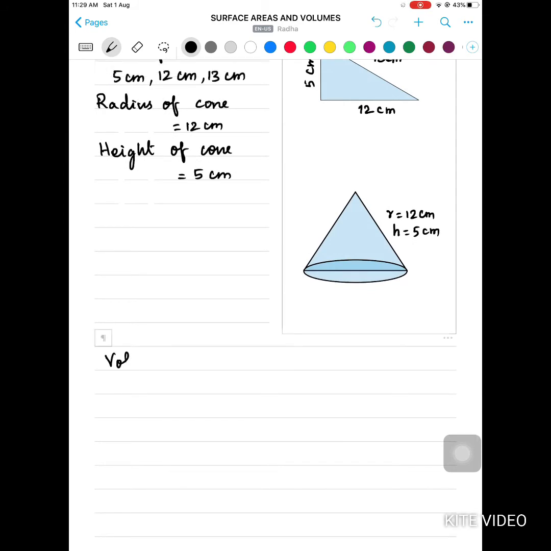Okay. So what is the volume of the cone? Volume of the cone is 1 by 3 pi r squared h cubic units. So it is 1 by 3 into, what is pi value? 22 by 7 into radius is 12 squared, into height is 5.